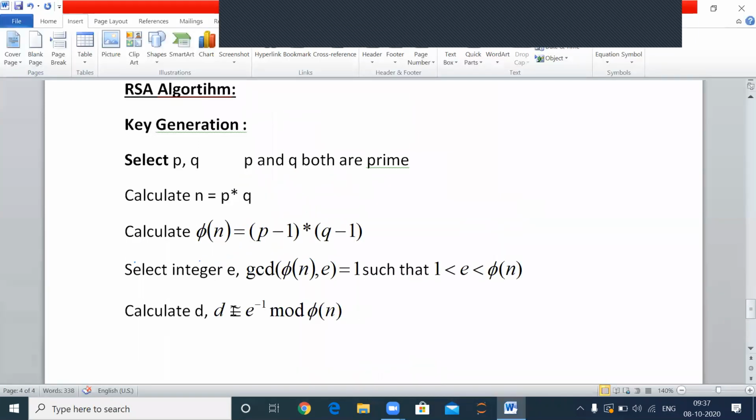This is the formula we have to use to calculate the d value. No problem, I'll tell you the examples also.